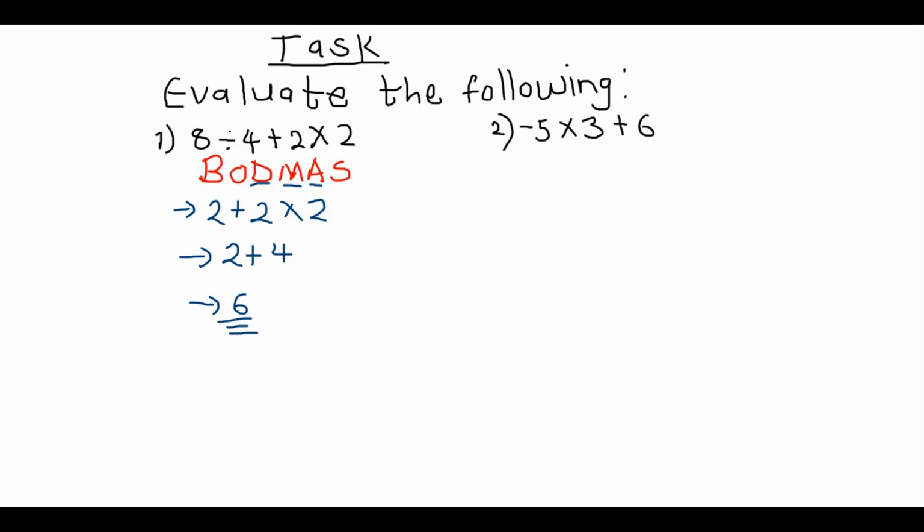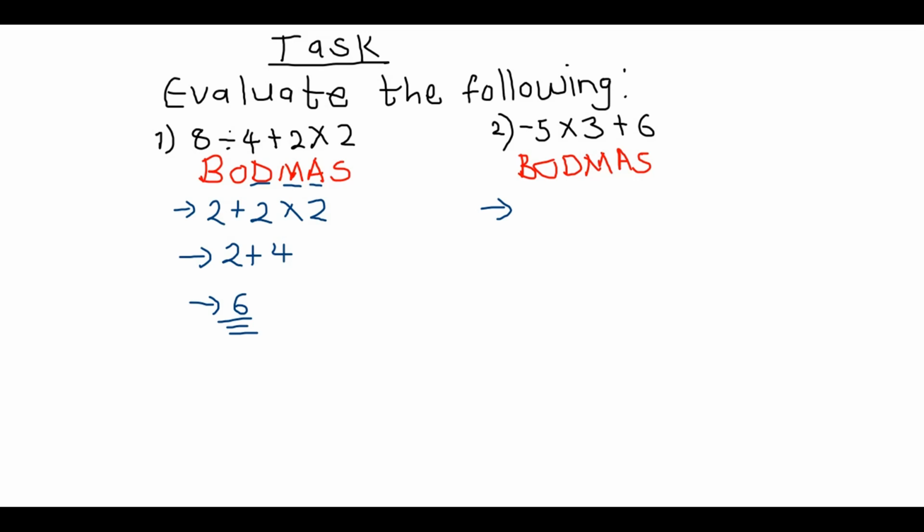Okay, we go to the other question. They have said negative 5 multiplied by 3 plus 6. We're going to use the same BODMAS. First step, brackets. Do we have brackets?